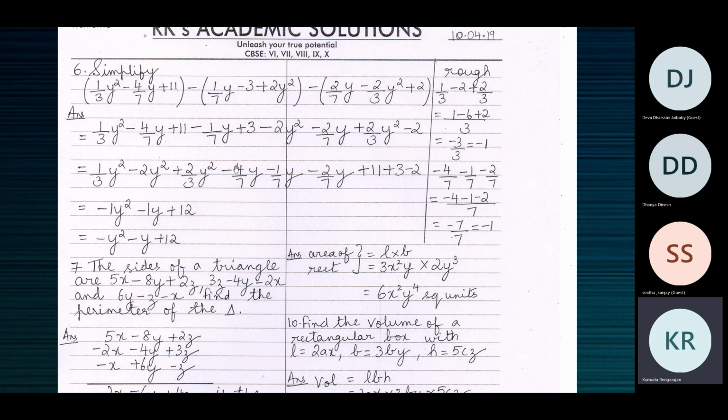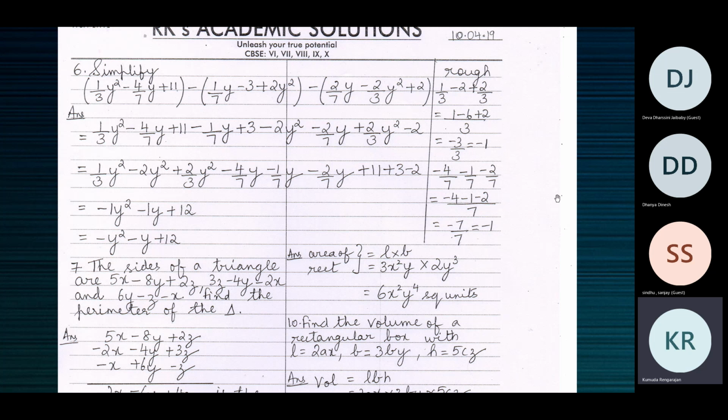And then here we have minus 4 by 7, minus 1 by 7, minus 2 by 7. Simplify, taking the common denominator. Again, this also works out to minus 1. So when you simplify these 3 y terms, the answer is minus 1 y.